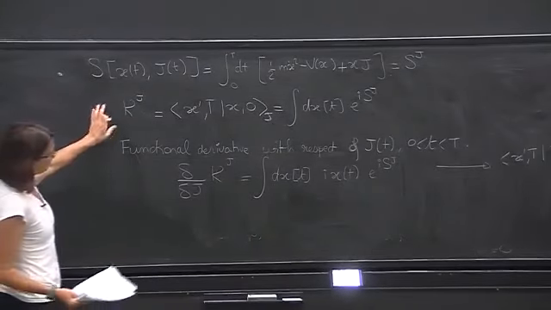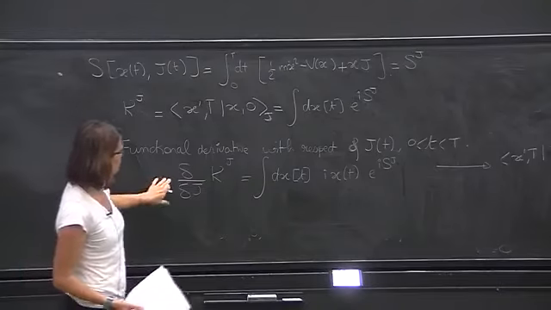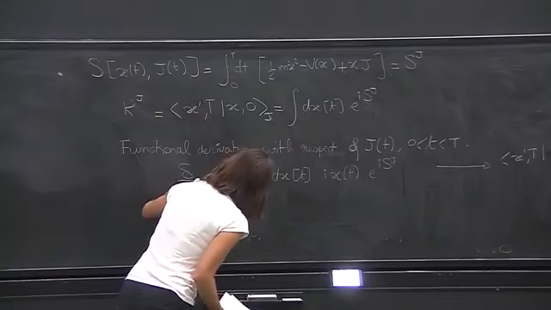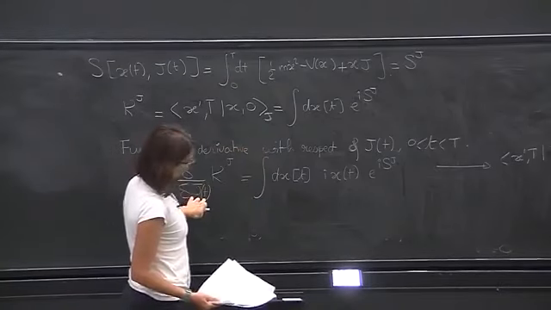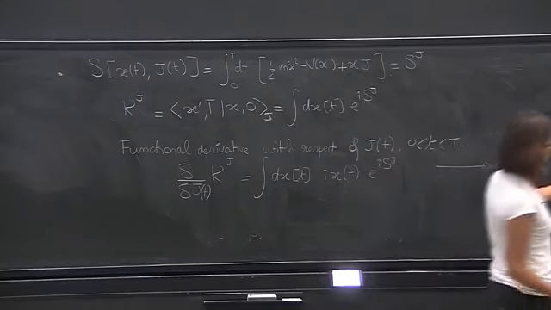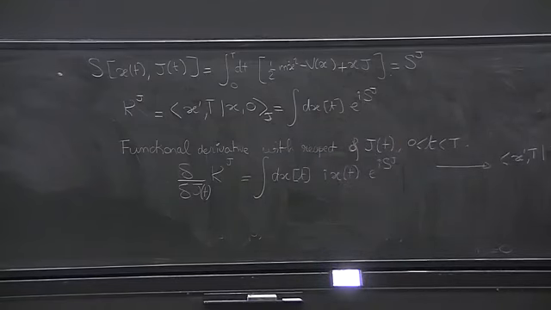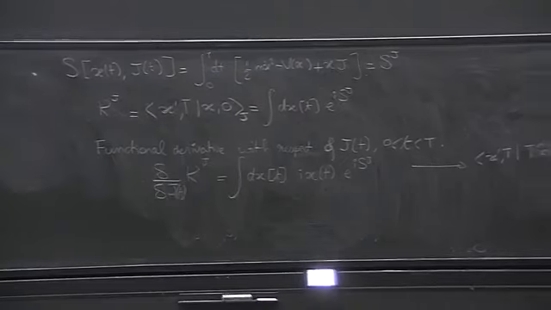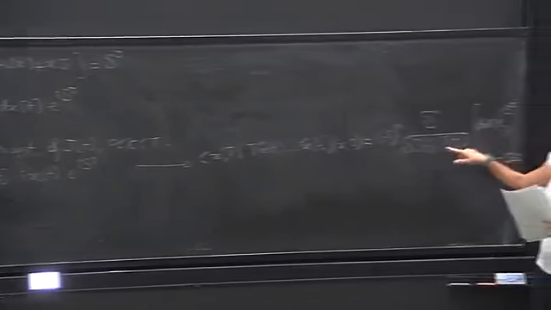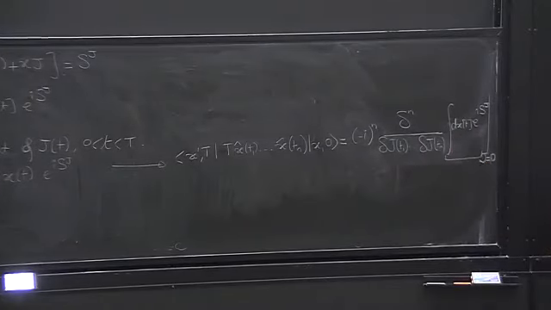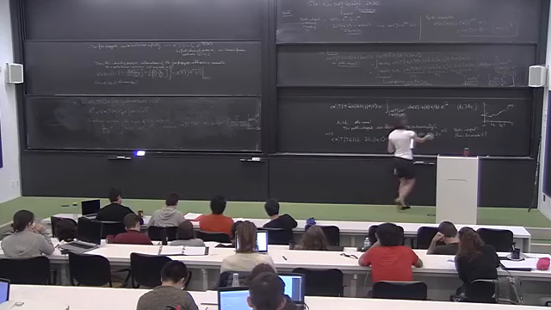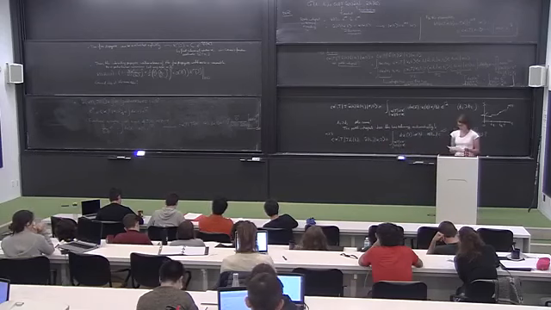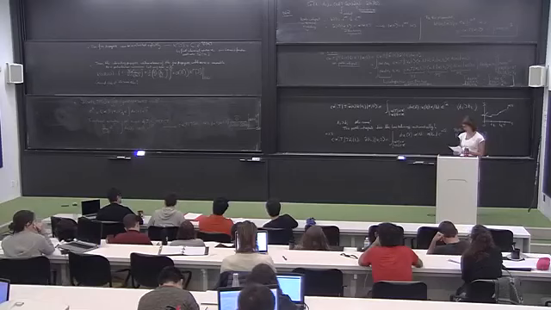But then if I perform some functional derivative with respect to this source at a given time, I'm going to obtain this object. So again, the idea is if I know how to compute this object as a function of j, then this is much easier to do than to try to compute this explicitly. Okay, any questions now?